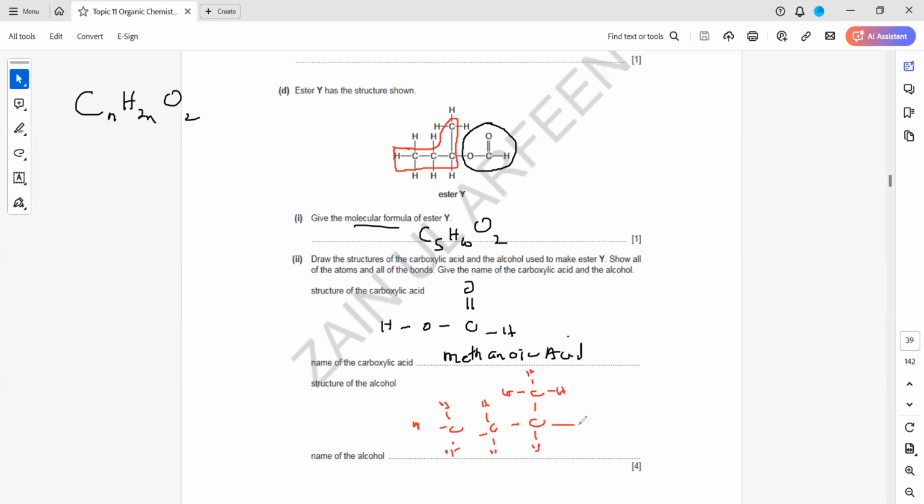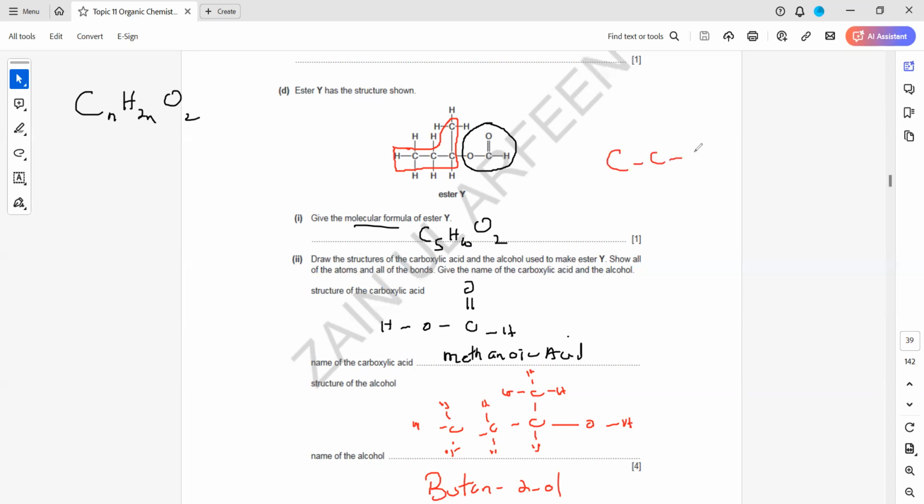So which alcohol? Here it will be OH. The second carbon will have an OH. If the second carbon has an OH and there are 4 total carbon atoms, this alcohol will be butan-2-ol.